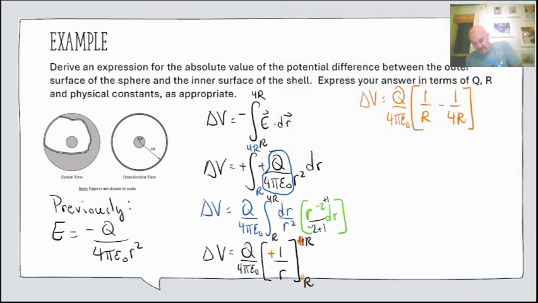So this becomes 4 over 4R, right? And so that's 3. So I get 3Q because I get 3/4. Sorry, 3/4 over R. You get delta V equals 3Q over 4 pi epsilon naught times 4R.